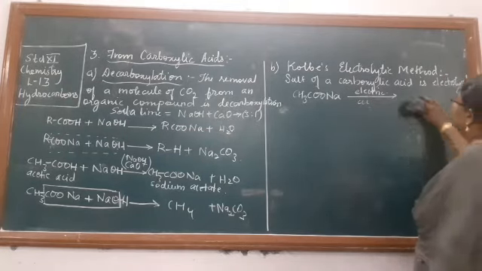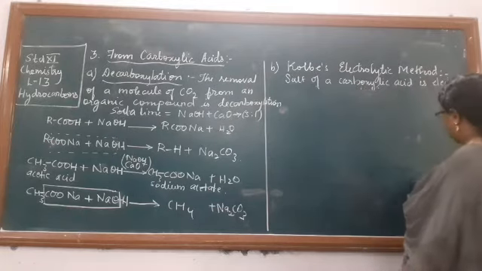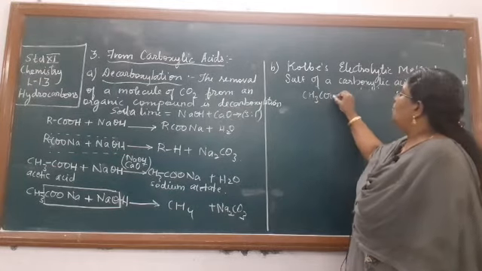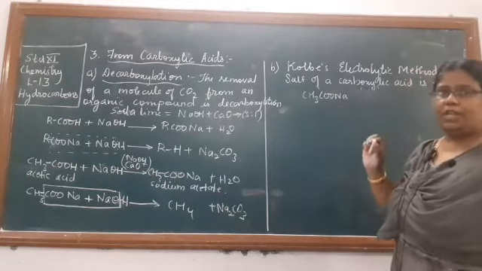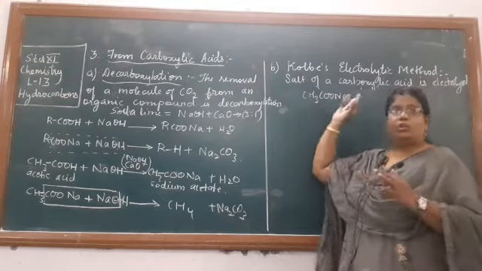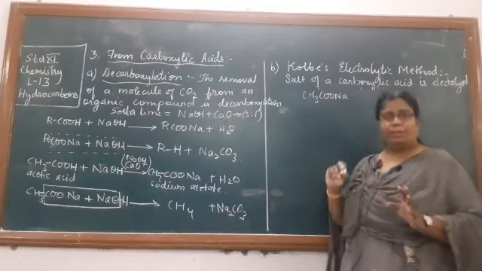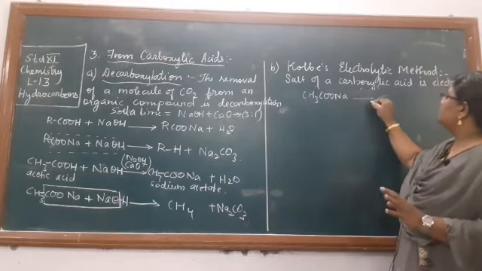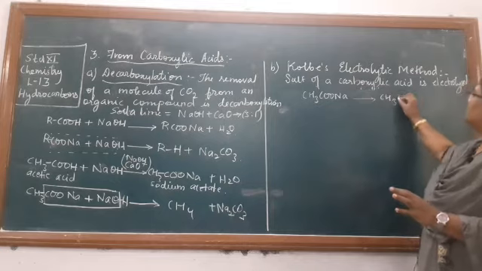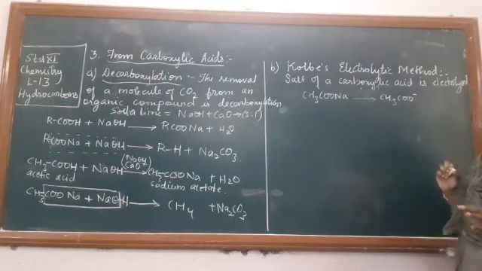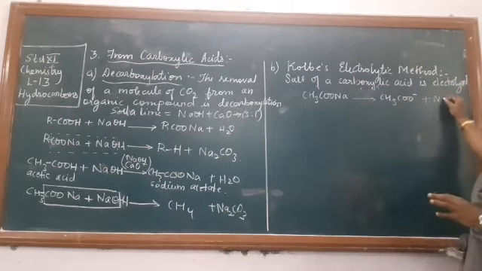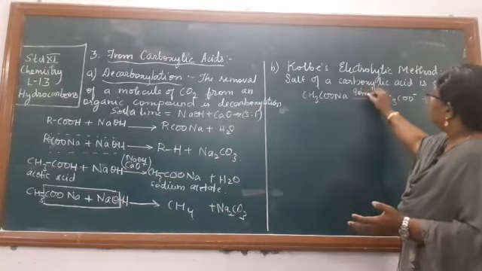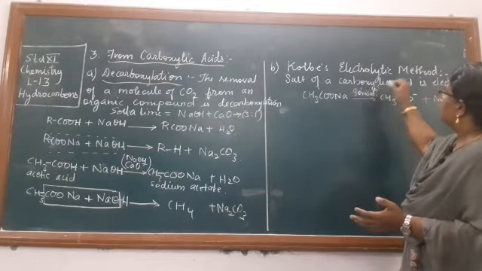Or we can first write the ionization reaction and then go through it. We have CH3COONa. We take the solution of the salt of a carboxylic acid. We have taken sodium acetate in water. So sodium acetate in water will ionize as CH3COO minus plus Na plus. This is the ionization reaction.